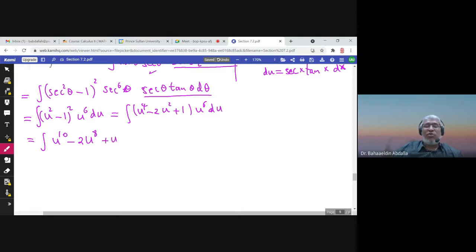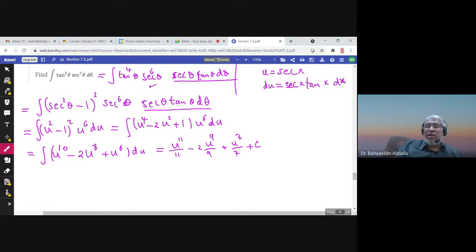And 1 times u^6 is u^6. And now I can find the integral. This is u^11 over 11 minus 2u^9 over 9 plus u^7 over 7. And I can replace u by secant.